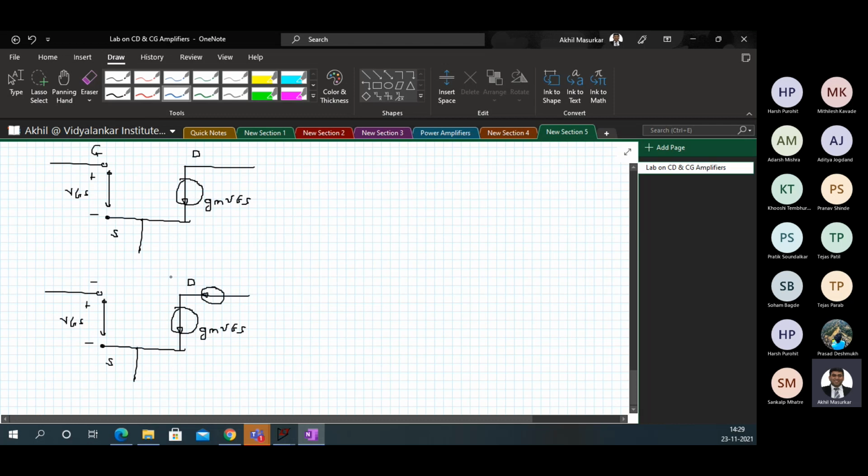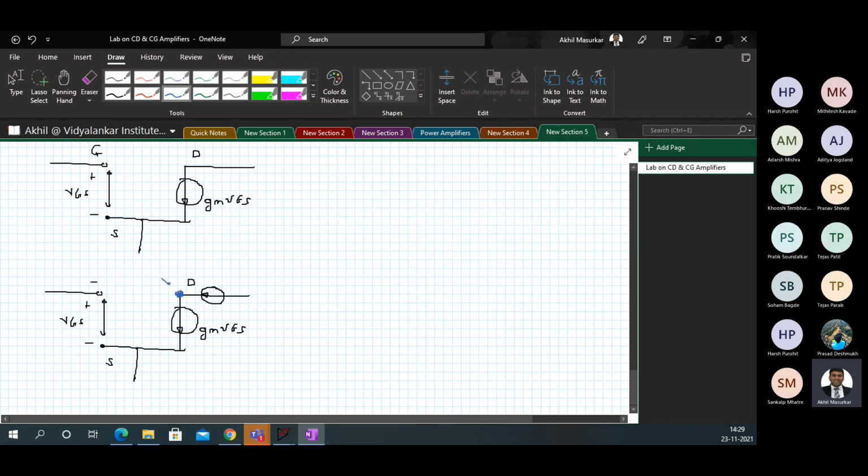Can we connect two current sources in series? Basic question. Yes or no? No, sir. No, we cannot connect. We can connect provided there is a node.